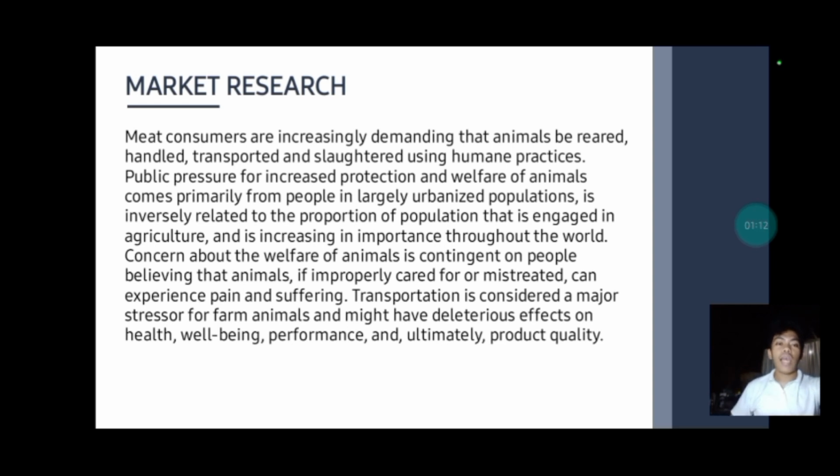Concern about the welfare of animals is contingent on people believing that animals, if improperly cared for or mistreated, can experience pain and suffering. Transportation is considered a major stressor for farm animals and might have deleterious effects on health, well-being, performance, and ultimately product quality.